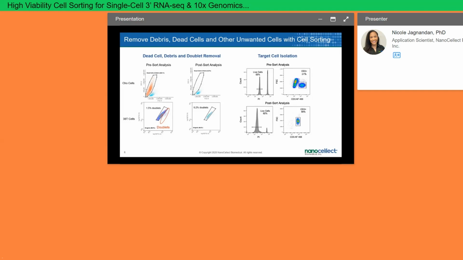After sorting for the live CD3 positive T cells, we were able to increase this live population to 92% and purify the CD3 positive population to 98%. And so the main takeaway from this slide is that your sorted population is going to be a much healthier population of cells for your single-cell genomic library prep, which means you're going to have higher RNA quality and therefore better sequencing results.